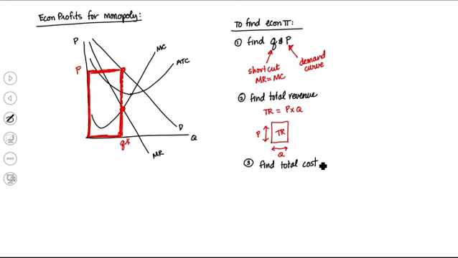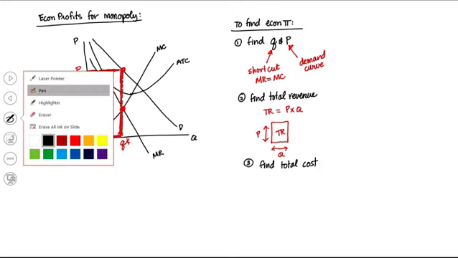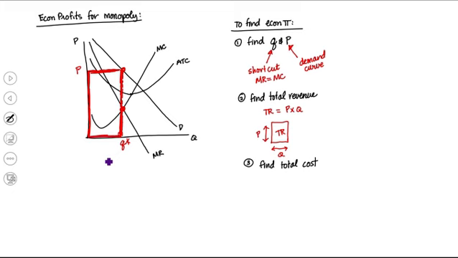How do I find total cost? Okay. So I start with average total cost multiplied by output. Good. Everyone remember that equation?